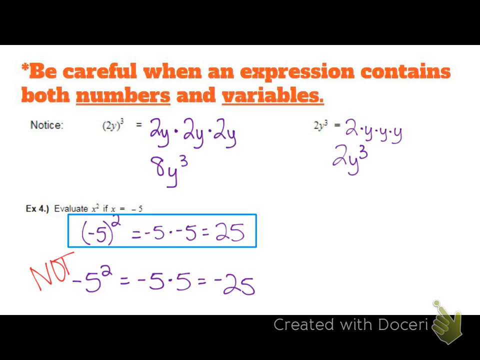This is not what we wanted this time. If you're plugging in a negative number, make sure you're squaring the negative. Negative times a negative comes out positive. It's a very small difference, but it can make a big difference with your answer and whether or not you get it correct. Questions on this slide before we move on?